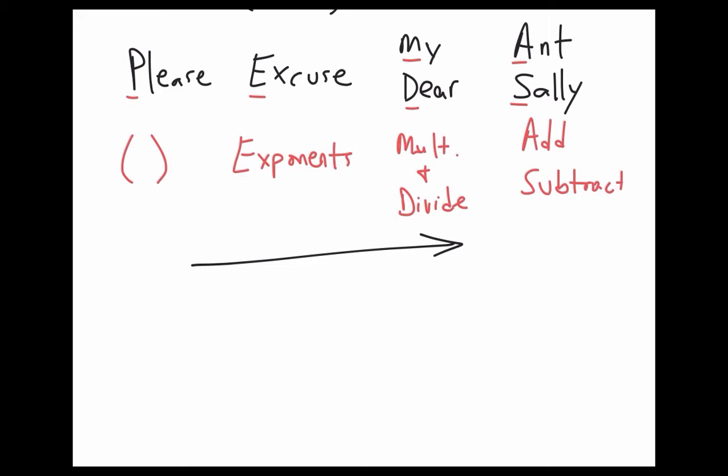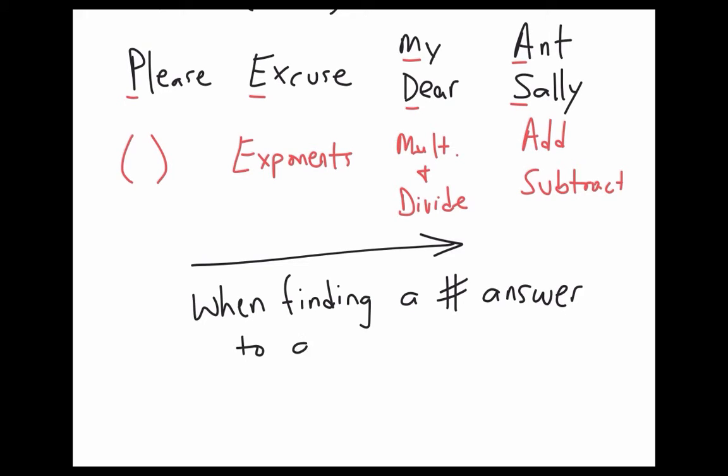You're not going to see any exponents yet in this section. Those will come later. But you go from left to right when finding a number answer to a problem.